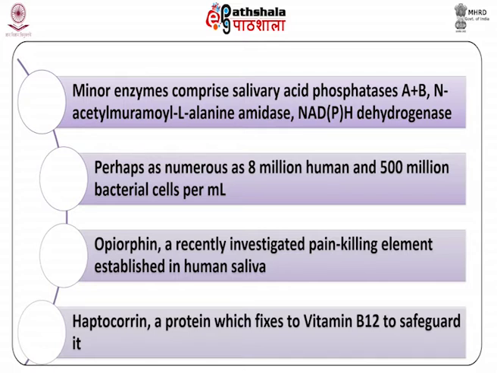Opiorphin is a recently investigated pain-killing element found in human saliva. Haptocorrin is a protein which binds to vitamin B12 to protect it from degradation in the stomach, before it binds to the intrinsic factor.